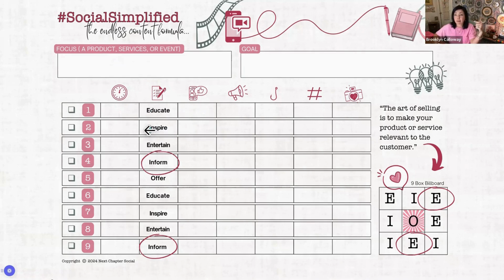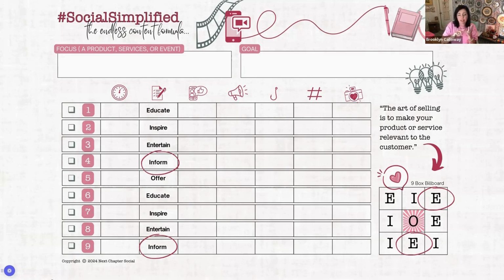Inspiring them might be a screenshot of our analytics and all of our insights on the uptick in engagement and reach. Entertainment might be just B-roll of me sitting here recording this class and talking, and that's it. Entertainment does not have to be funny. It just needs to keep them watching and engaged for a little bit longer.